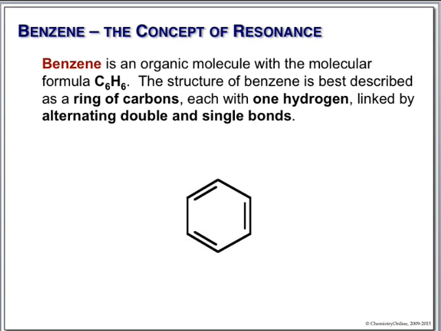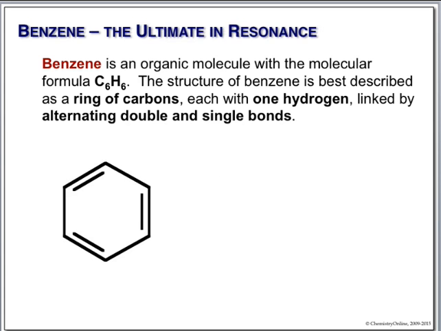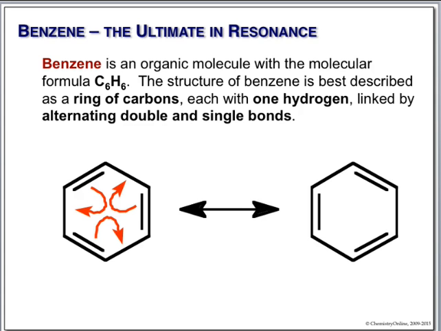What Kekulé reasoned was that the reactivity of benzene wasn't that of a typical double bond, because if you took benzene like this and you simply lift the electrons from here to here, up to here, down to here, kind of like this, one more time, then we would get this structure.